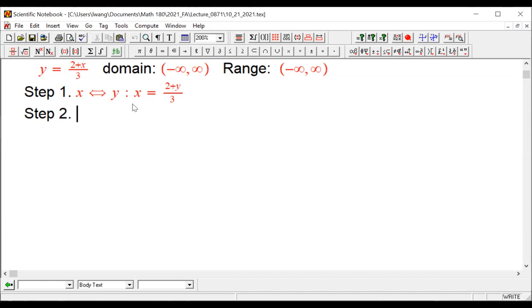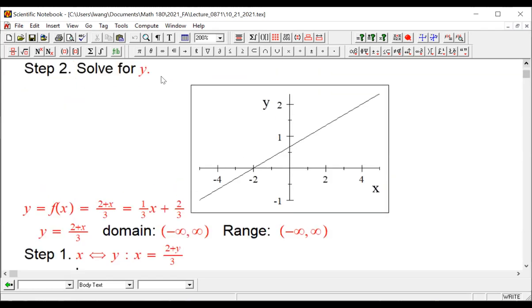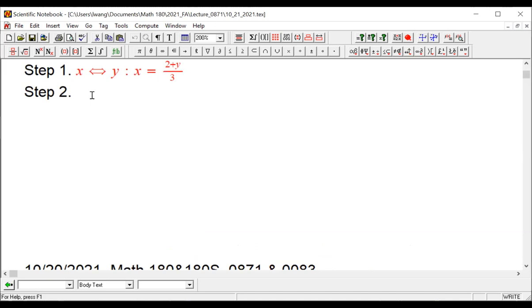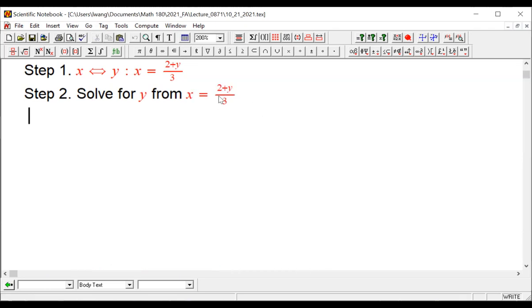But anyway, once we've done the swap, what do we do? We solve for y. We solve for y from the consequence of the swap. So how do you solve it? You're solving for y. You're going to multiply 3 on both sides.